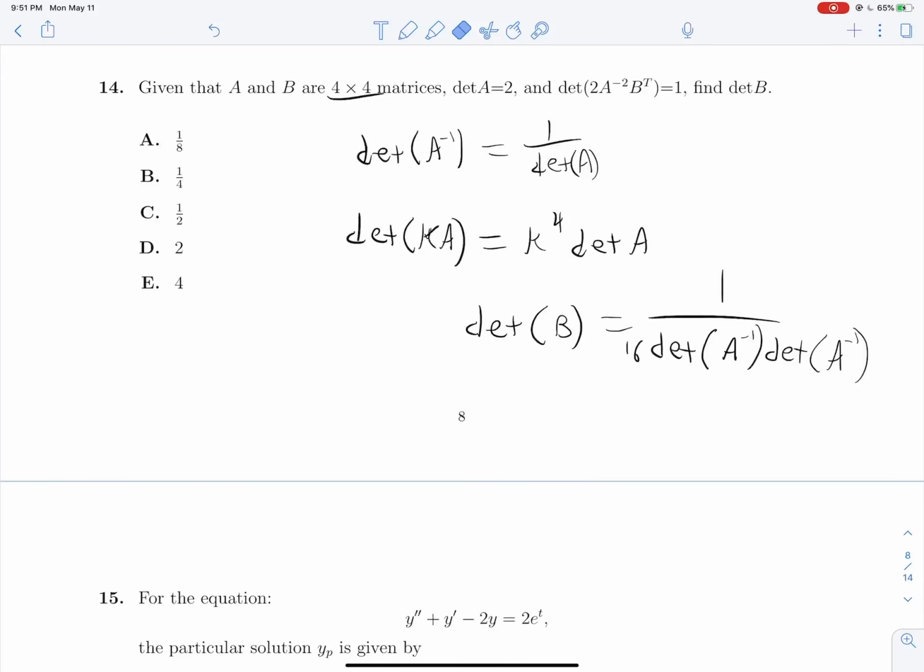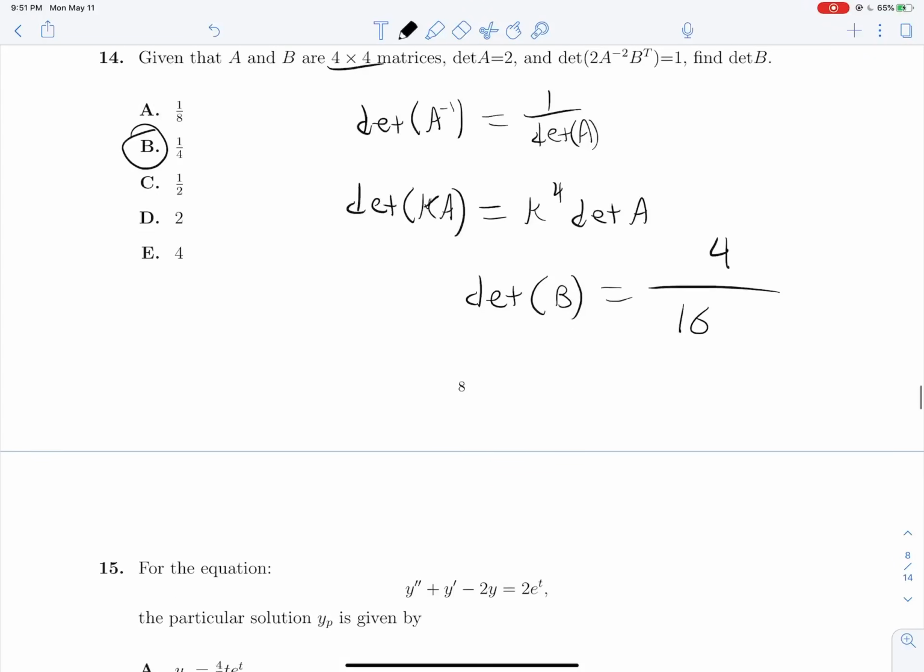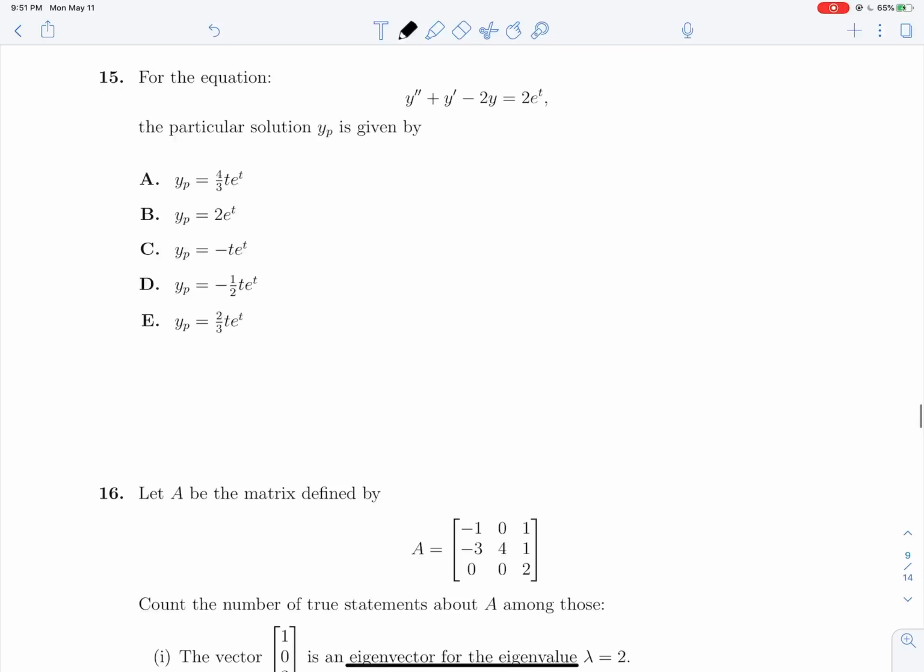We know that each of these individually is just 1 over the determinant of a, so overall we will get the determinant of a multiplied by the determinant of a up there. Since the determinant of a is 2, we have 4 on top and 16 on the bottom, so 14 is b. The determinant of b is 1/4. Sorry, that was a little sloppy on my part.